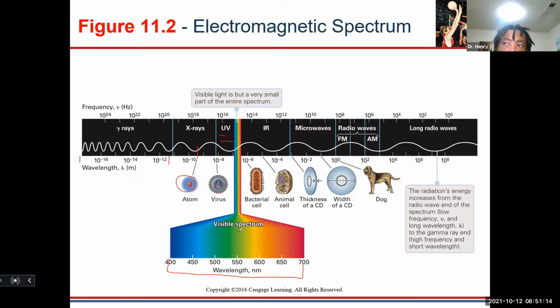So how would we use this information? Let's say, for instance, we have a photon of green light. Green light is somewhere between 500 and 550 nanometers. That's going to be the wavelength that it has. So if it's 505 to 550, let's say 525. So the wavelength is 525 nanometers.